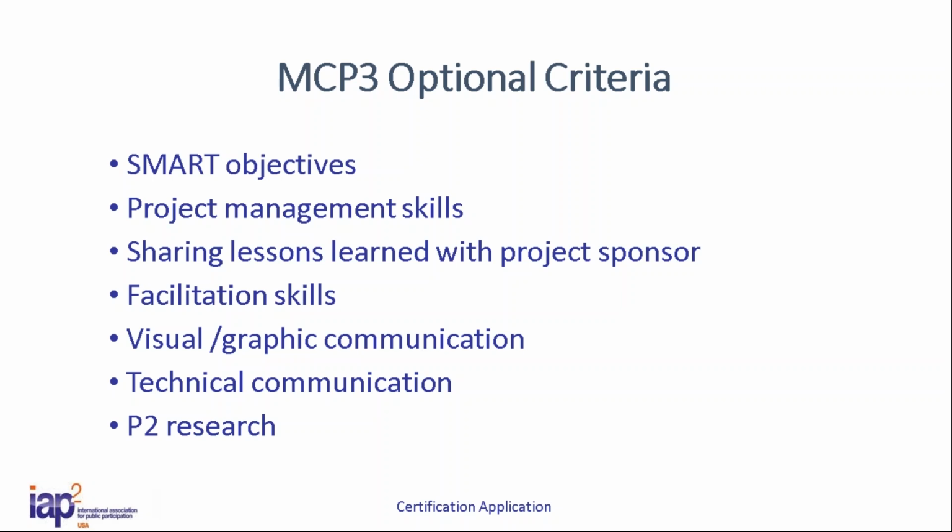Perhaps you have certification in project management from the Project Management Institute. Perhaps you can document lessons learned that you've shared with a project sponsor, etc. So you have to have all 10 of the mandatory criteria and at least one of the optional criteria to be eligible for master's certification.